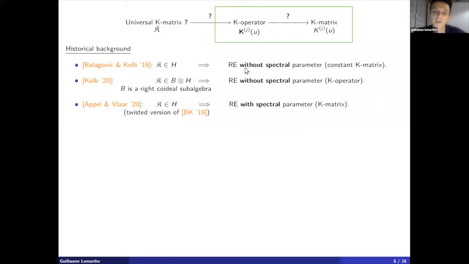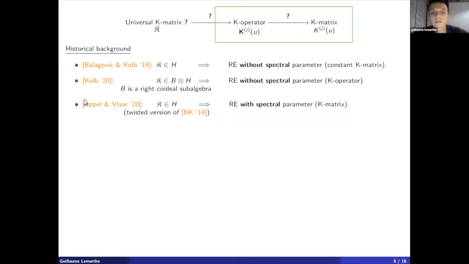So the reflection equation does not have any spectral parameter. One year later, Kolb alone defined some two-leg universal K-matrix in B tensor H, where B here is a right coideal subalgebra. Doing so, he obtained a reflection equation without spectral parameter, to get constant K matrices, K operators, sorry, without any spectral parameter.